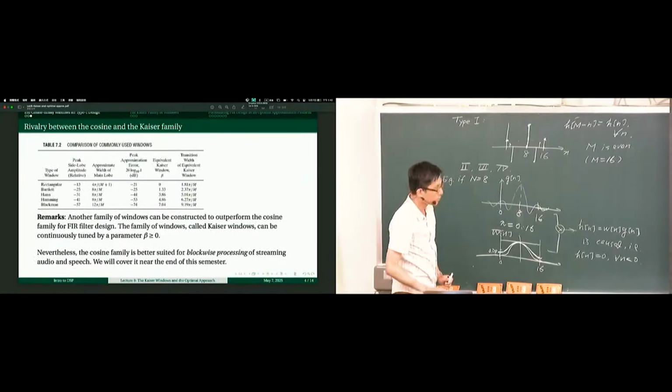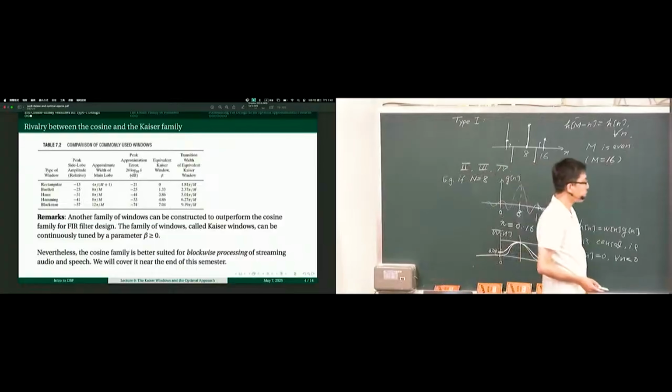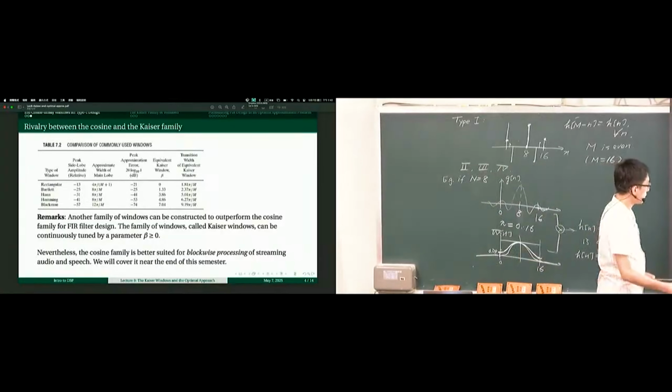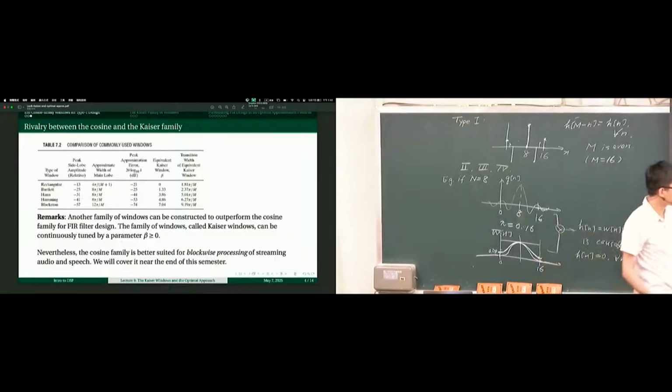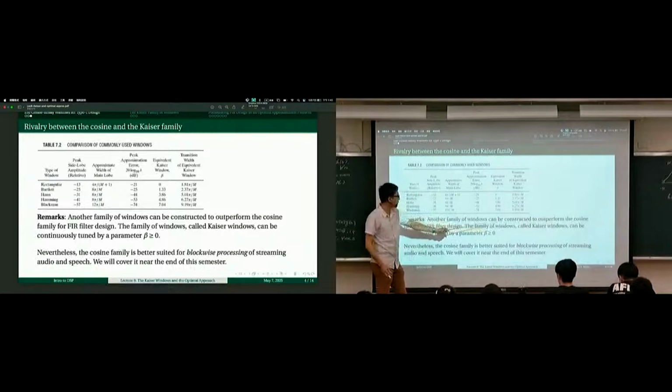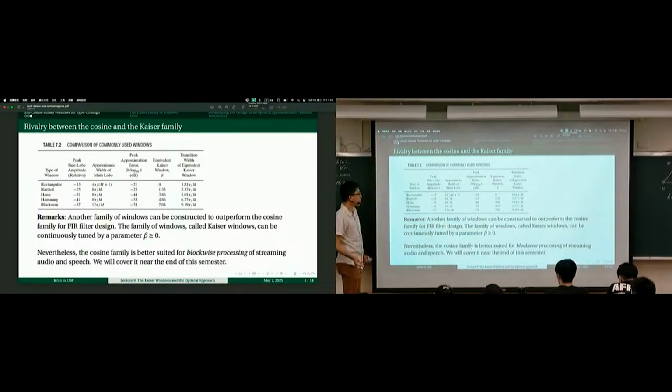But next, now we've looked at this table, and I've been telling you that there's another family of windows that we need to study. Turns out that we have a better family of windows which will outperform, do better. We can construct another family of windows which outperform the cosine family for FIR filter design.